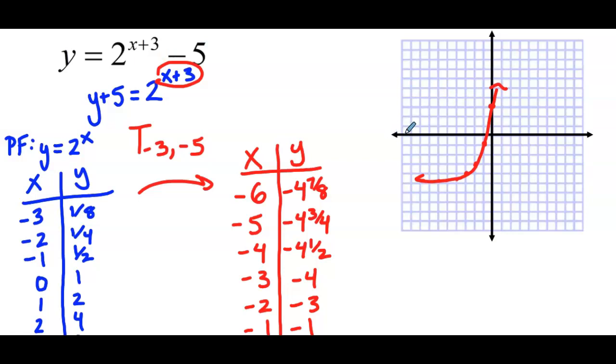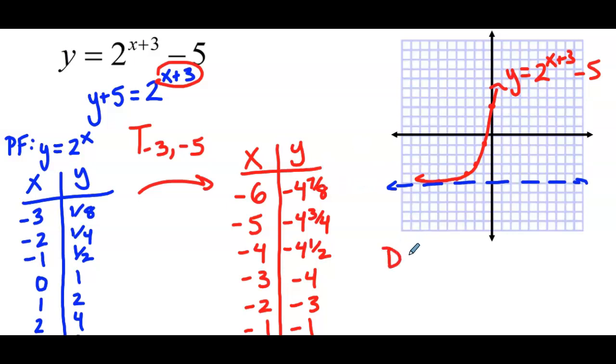Now, normally the x-axis is the horizontal asymptote, but in this case, we moved everything down 5. Well, that includes the horizontal asymptote, so if I wanted to, I can put a dashed line in here just to visualize what that horizontal asymptote would look like. And here we have y equals 2 to the x plus 3 minus 5.